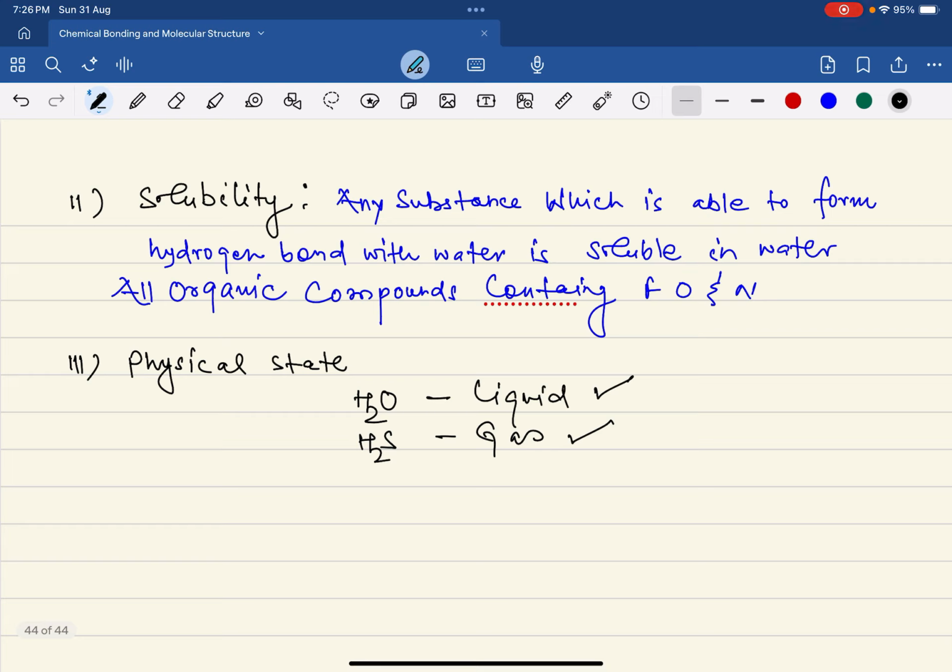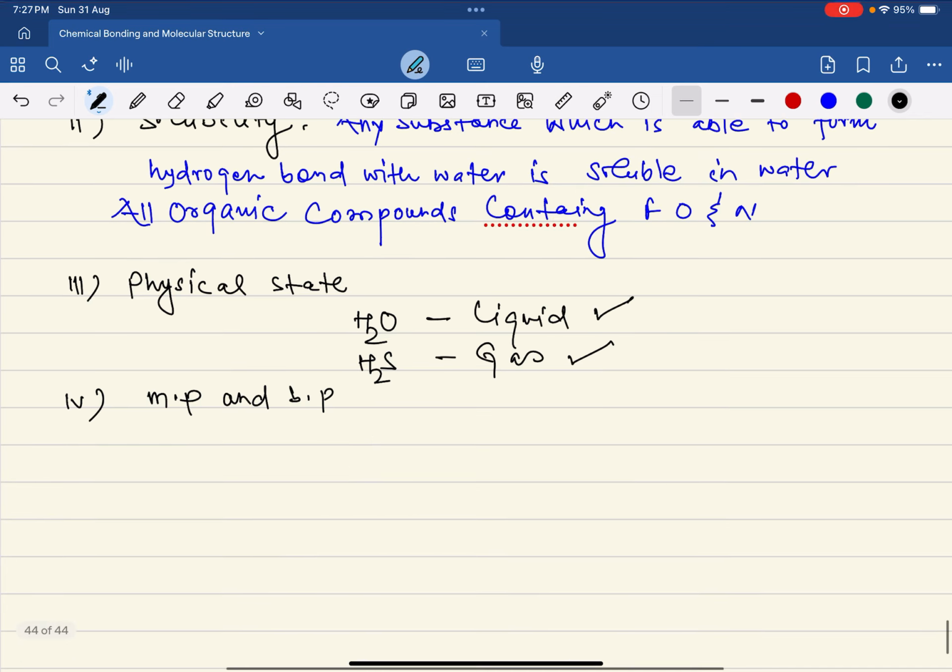The fourth point is melting point and boiling point, MP and BP. This is very important. I am going to explain by taking an example of hydrides.